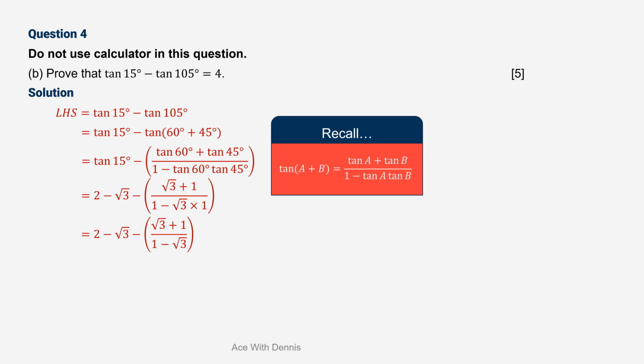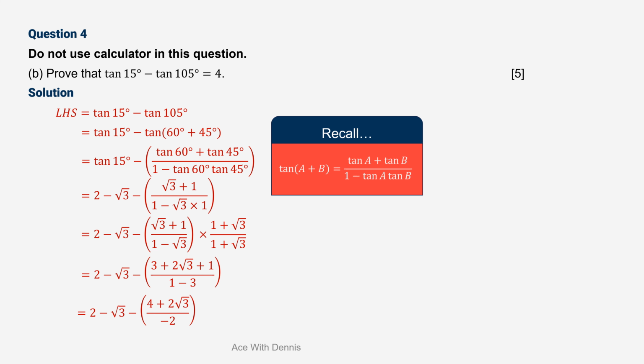Then we can start to rationalize the fraction in the bracket where we multiply it with (1 plus √3) over (1 plus √3), which will get 2 minus √3 minus (3 plus 2√3 plus 1) over (1 minus 3). And we get 2 minus √3 minus (4 plus 2√3) over negative 2.